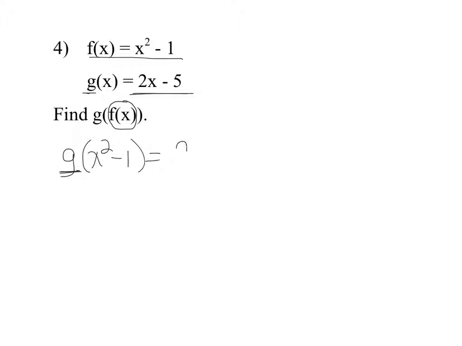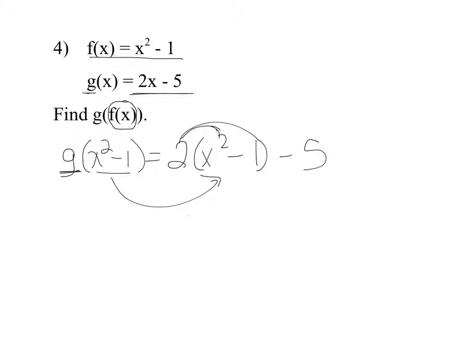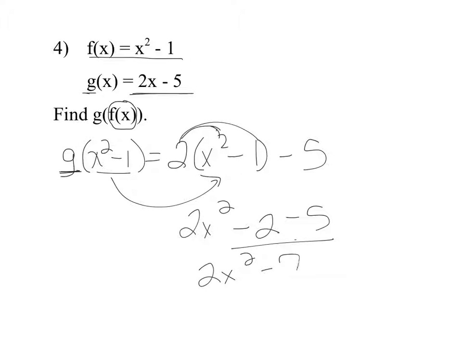With g, everywhere there's an x, I'm just going to put a parenthesis and plug in that. So it's just like plugging in a 2. You're just plugging in a whole function. And then you just do the math. Distribute that 2. So it's 2x squared minus 2, and then minus 5. And then combine these like terms, and that's it.